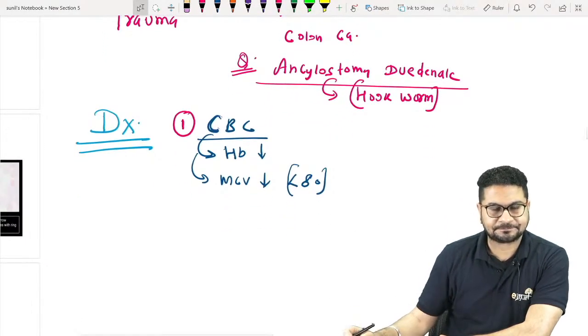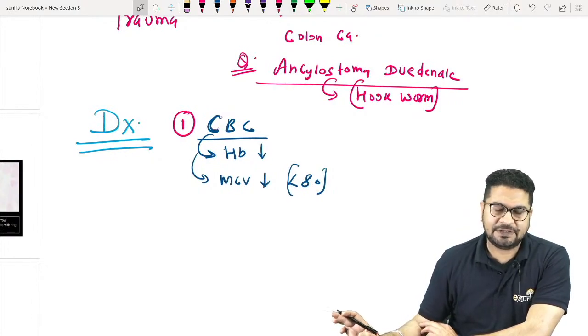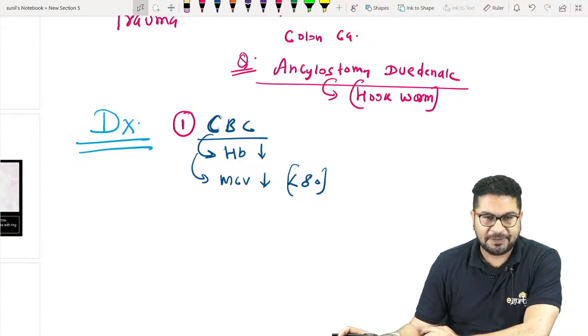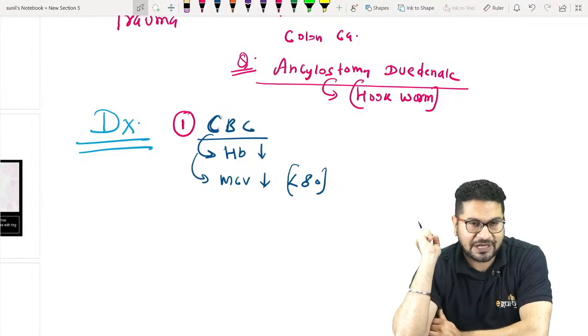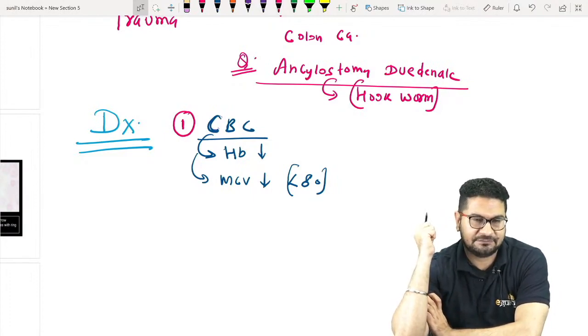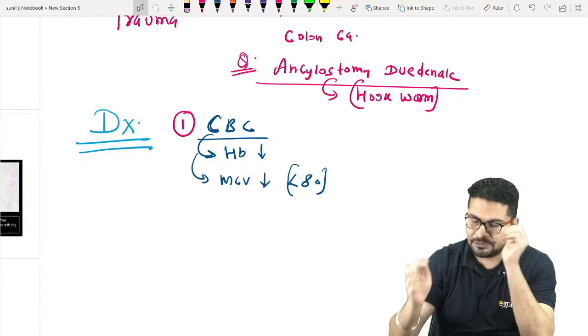Now what else? You understood. But if I say a child is coming to you with these features, then remember you should also think of other causes.